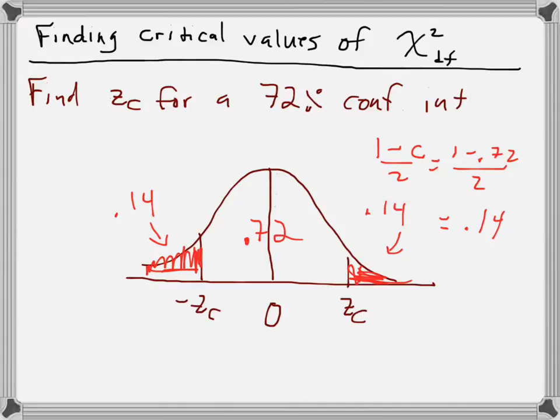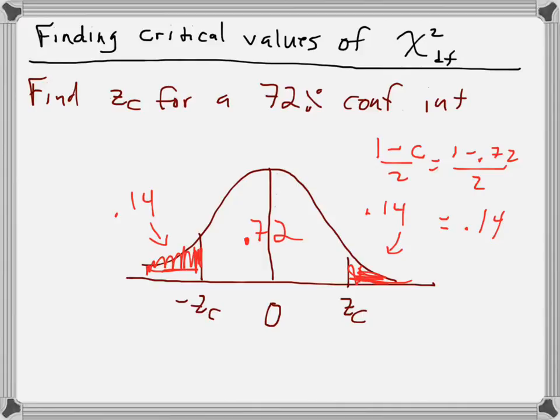That is, each one of these tails had 14% area. And then the way we did this was we went to our z table and looked at the z values, looking for the area to be 0.14, trying to find the closest value. That's pretty good, 1.08.